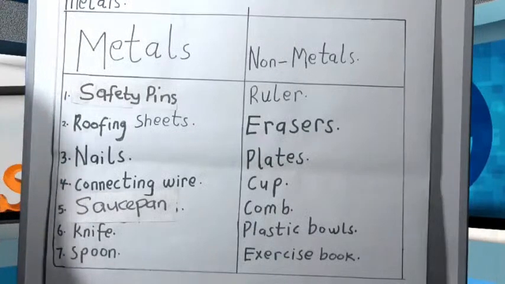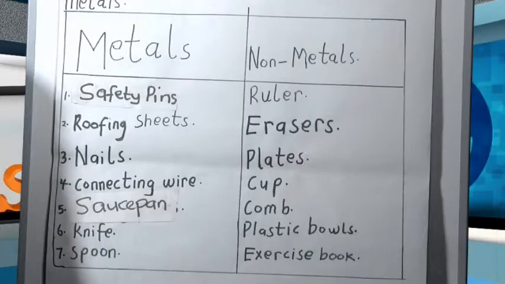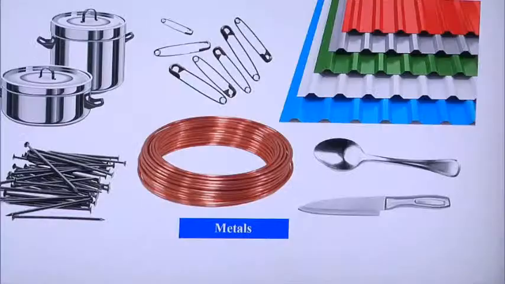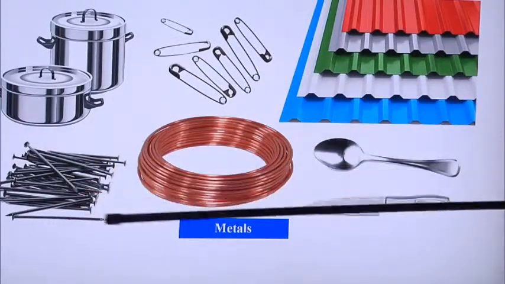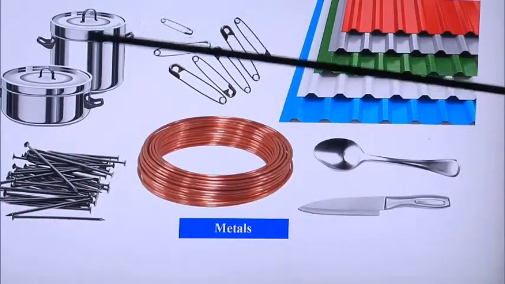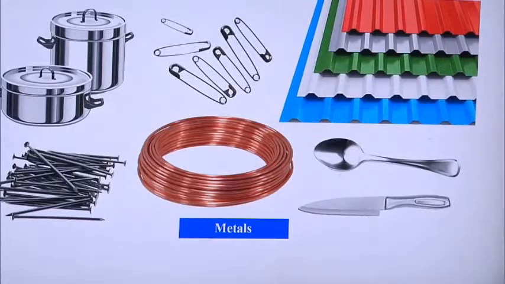The materials we saw, we want to divide them into two, into those made from metals and those made from non-metals. So these are materials made from metals. We have saucepan on our screen.